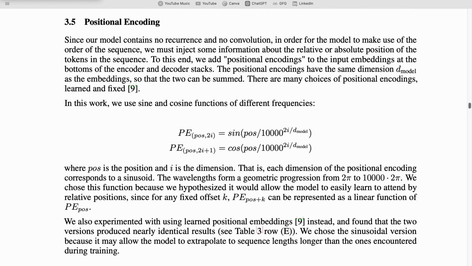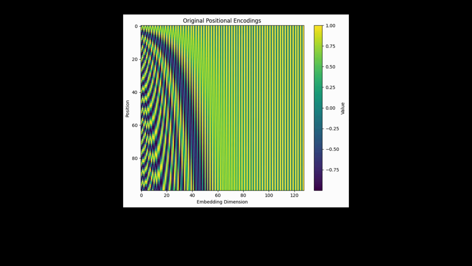Now what does this mean? It means for any given offset k, if I know the positional encoding of any position, I have the power to predict the positional encoding of POS plus k. If I take k equal to 5 and I know the position encoding of 0, then I can predict the position encoding of 5.